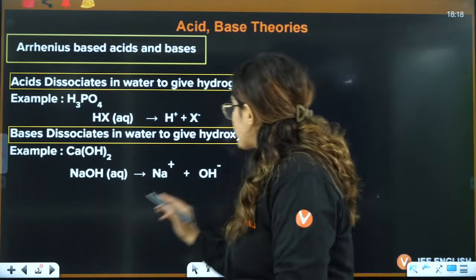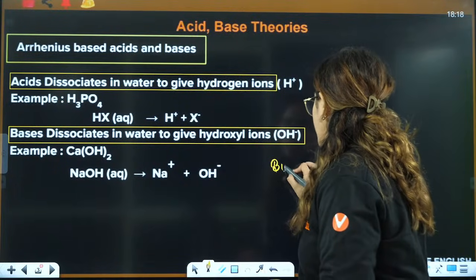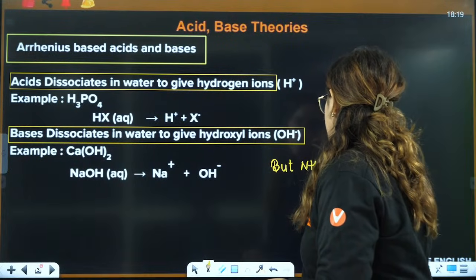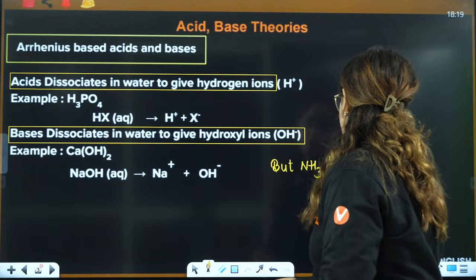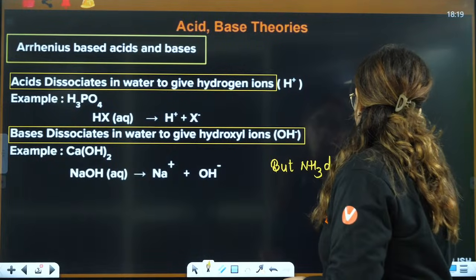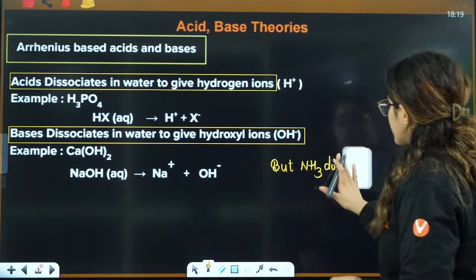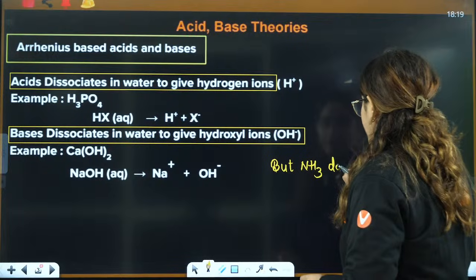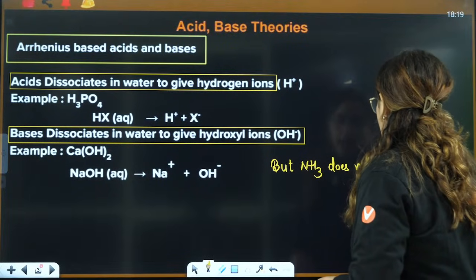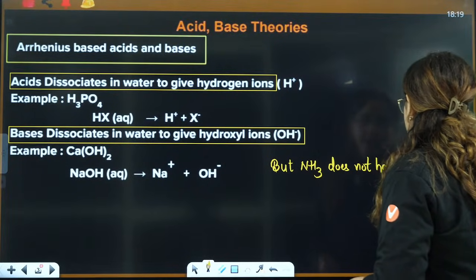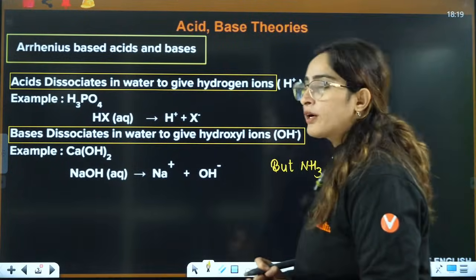If I talk about ammonia, NH3 does not have OH negative.